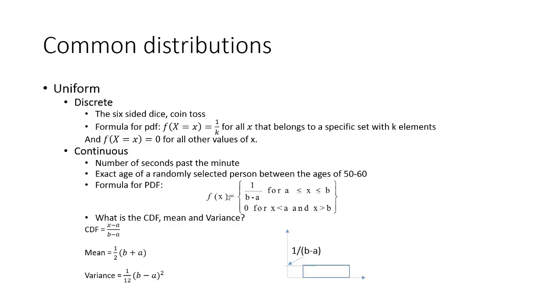I might find a richer distribution to represent my data, but this uniform distribution can be thought of as ground zero. I don't make any assumptions.